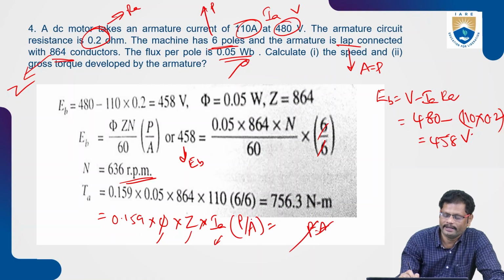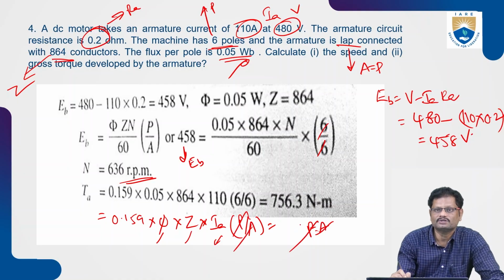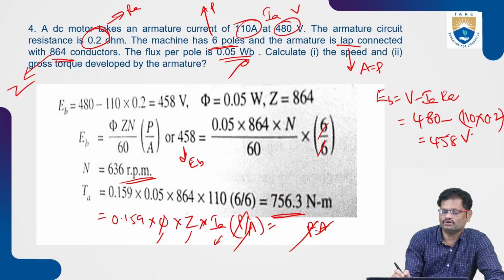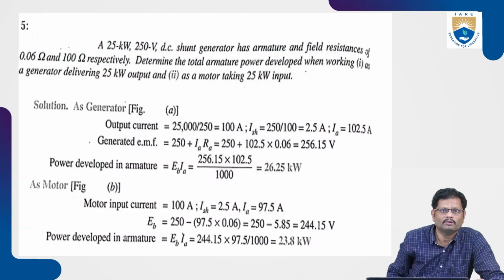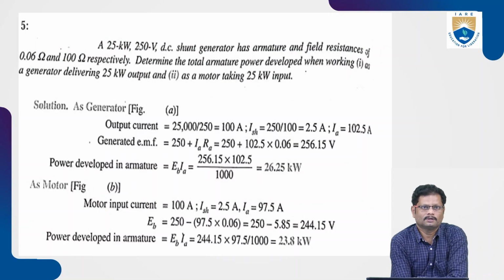So A and P get cancelled. So the torque value is calculated as 756.3 Newton meters.